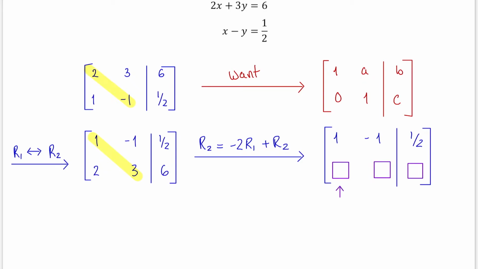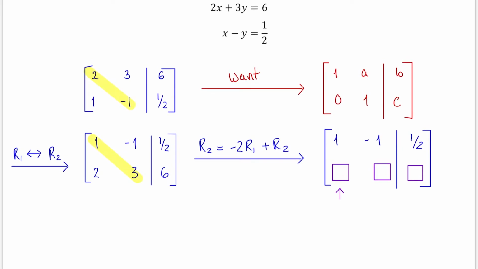To get the first element right here, I need to look at the first column. I'll take negative 2 times row 1 plus row 2. Negative 2 times 1 plus 2: negative 2 times 1 is negative 2, plus 2 is 0. For the second element, I'll look at the second column: negative 2 times negative 1 plus 3.